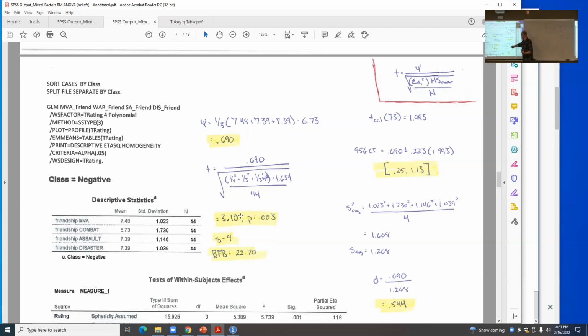What I can then do is drop down and calculate an effect size here. What I've done is take the pooled variance of all my ratings involved in the contrast. To get my pooled variance, I've taken the standard deviation for MVA, squared that, plus the standard deviation for combat, squared that, the standard deviation for assault, squared that, the standard deviation for disaster, squared that, divided by 4.